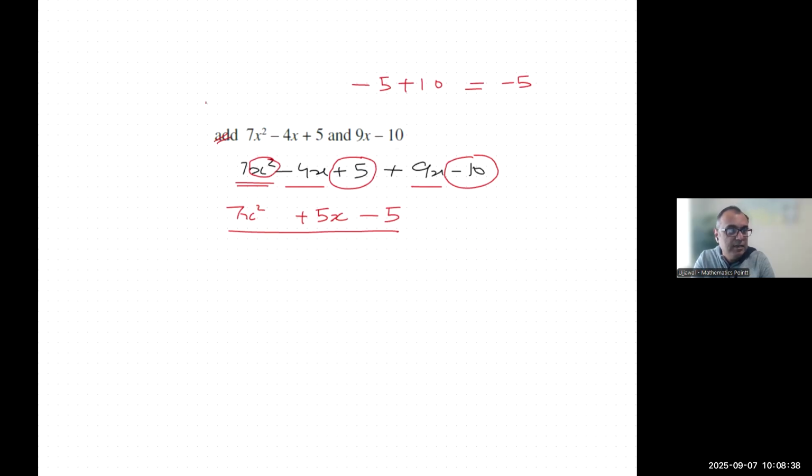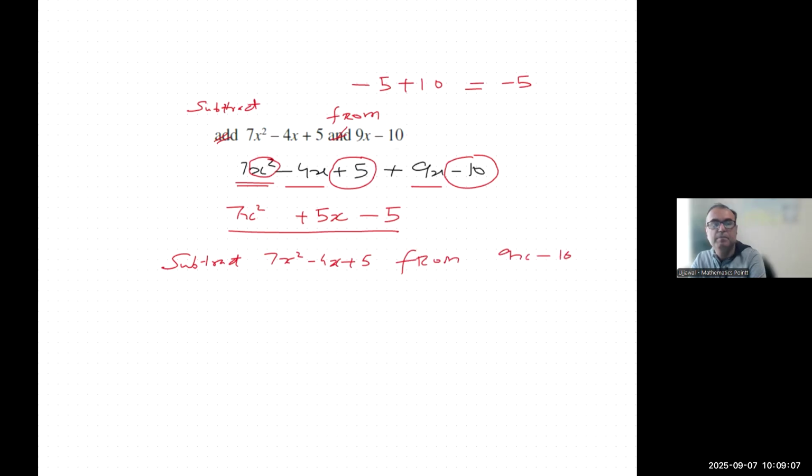I say subtract this from this. Go for it. Subtract 7x squared minus 4x plus 5 from 9x take away 10.